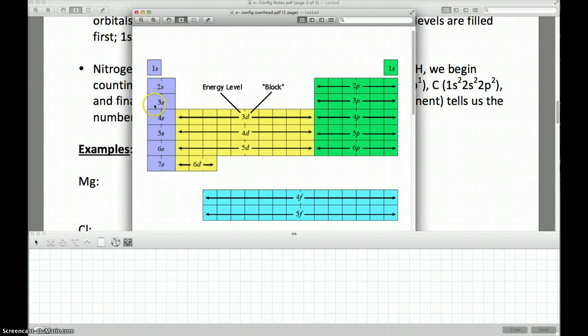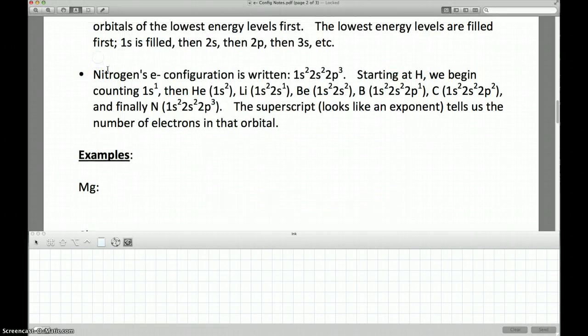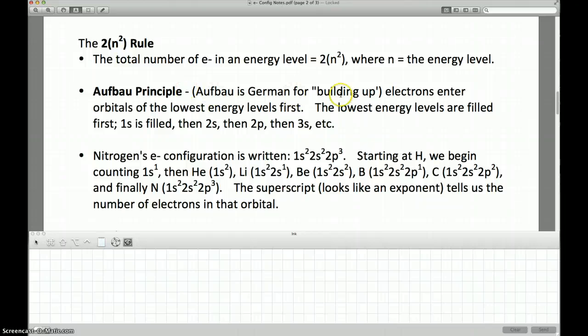Now I'm going to start back at the very beginning of the periodic table. The Aufbau principle says it's building up. So you start at the beginning and you build up to the particular atom that you're looking for.